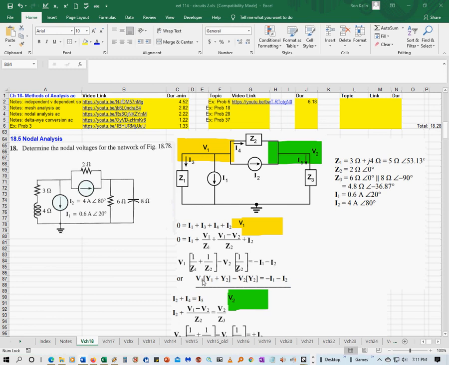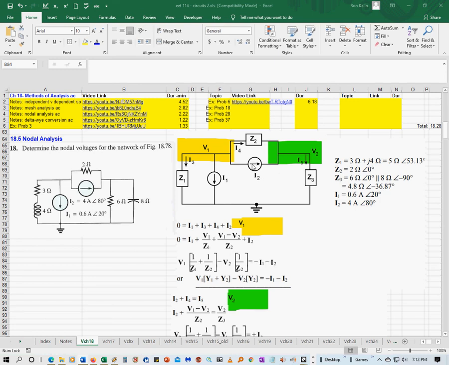So you have V1 times Y1 plus Y2, minus V2 times Y2, equals minus I1 minus I2. So that's your node 1 process to get your first equation that you're going to solve with determinants.